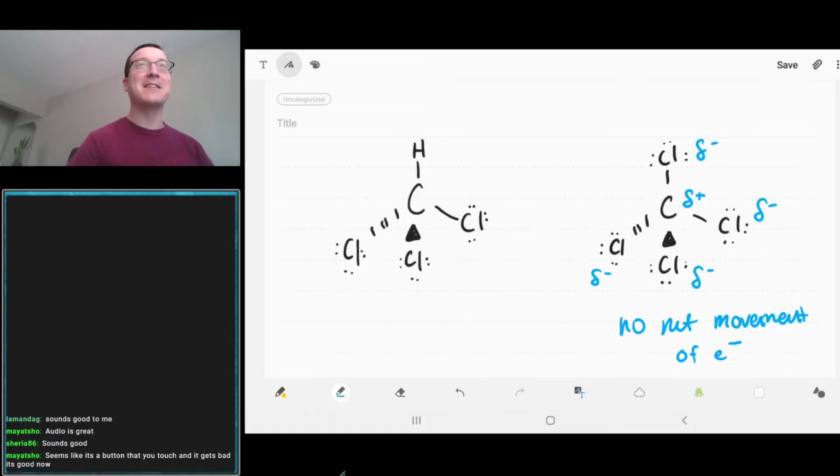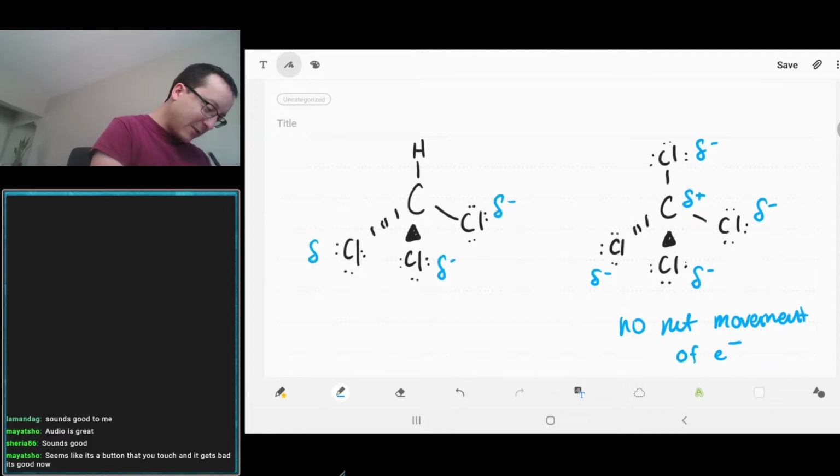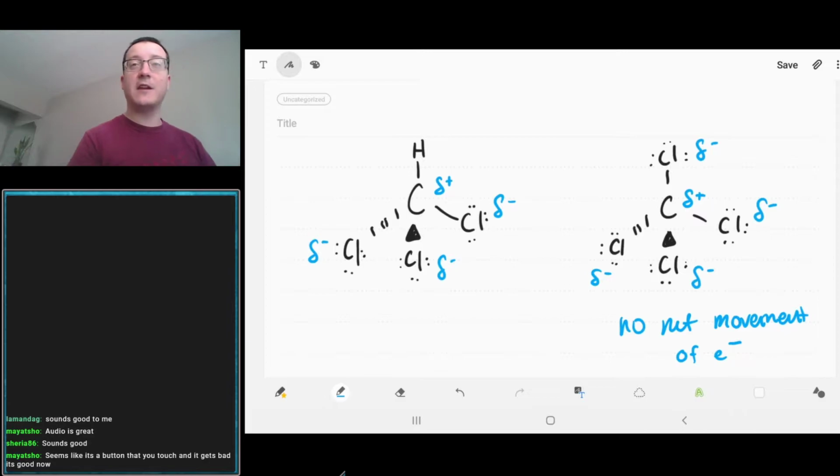Okay, so if we look at this one, we have delta negatives across the bottom. We have a delta plus on carbon. However, we do not have anything pulling carbon from the top.